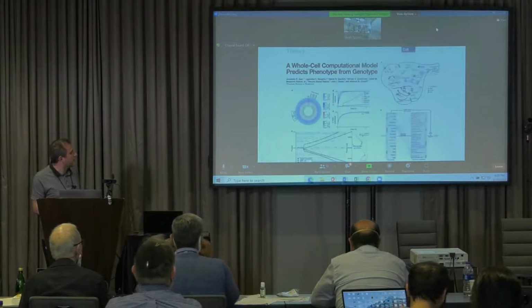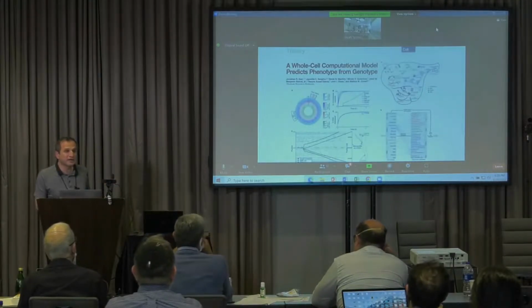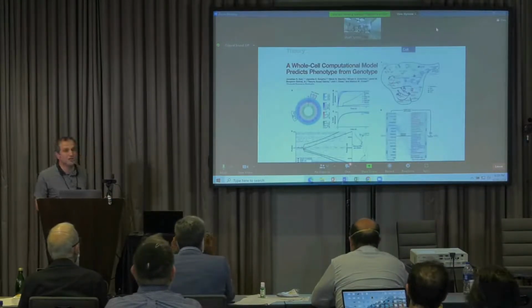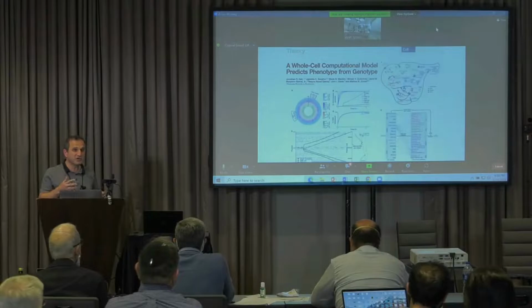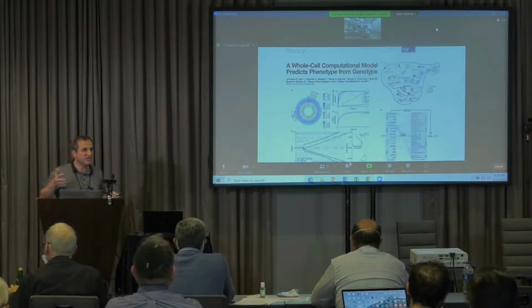All right. So I'll start with a landmark paper, I think, from Markus Covert's lab at Stanford. This was published in 2012 in Cell, which was one of the first whole cell simulations. Their lab was doing both experiments and simulations, and not abstract simulations, but predictive simulations.